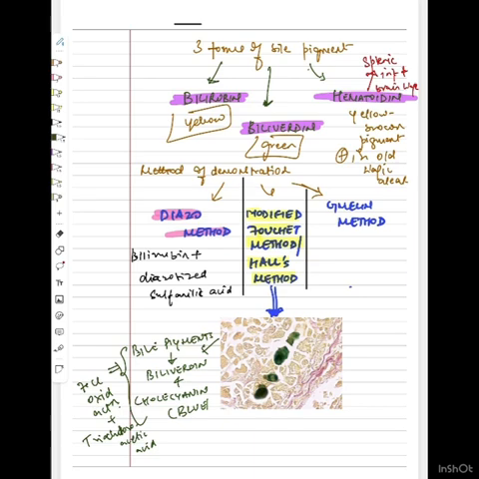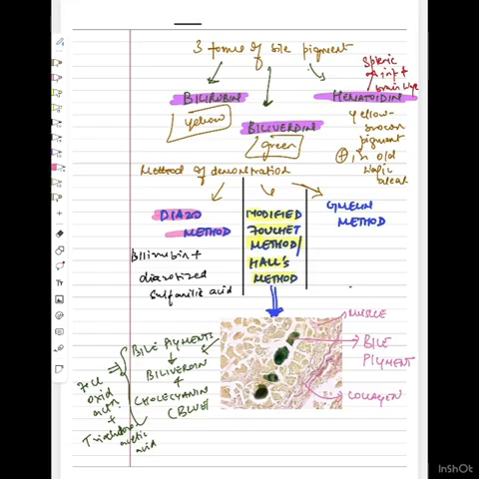So here, as you can see, the bile pigments are emerald to blue green. The muscle is yellow and the collagen is red in color.